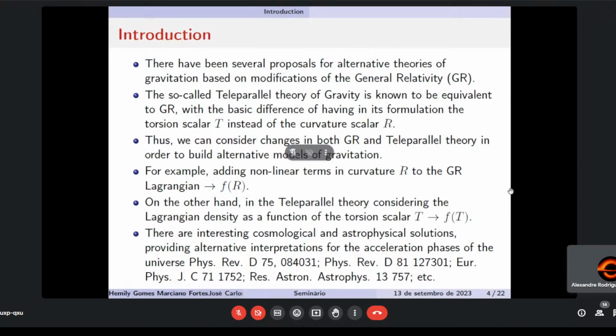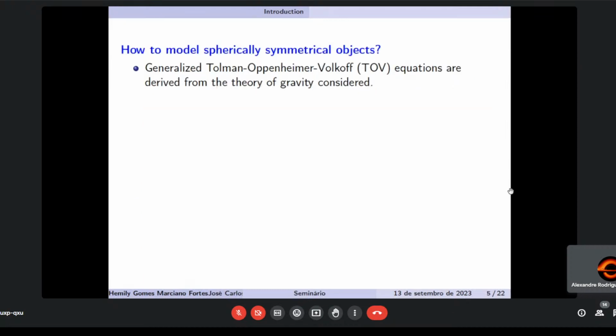And there are some works in the literature talking about this topic and the application of these alternative models in cosmological and astrophysical scenarios. It's a very important topic, and there are a lot of results lately.